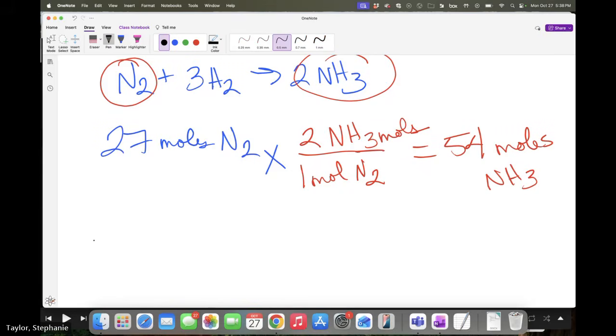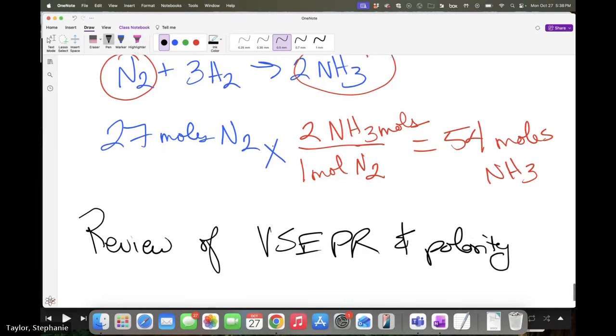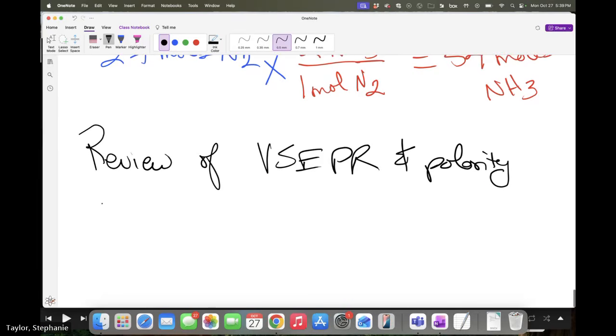The first question you have is, please give us a review of VSEPR and polarity. The second question is, could you go over a step-by-step review of how to draw line skeletal diagrams?